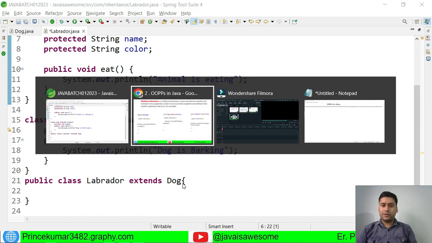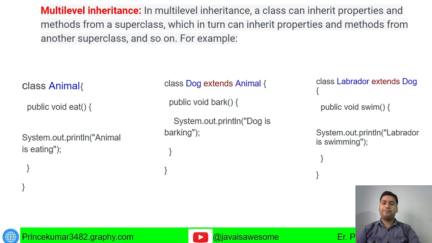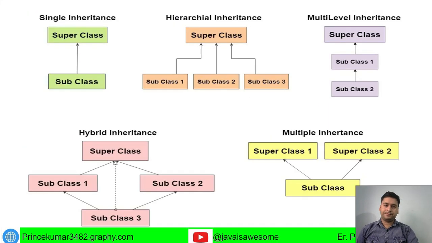If you go to the slide here, you can see this is the multi-level inheritance, and this is the single inheritance. Single inheritance is when two classes participate, but if three or more classes participate in the inheritance, then definitely we can say it is multi-level inheritance.